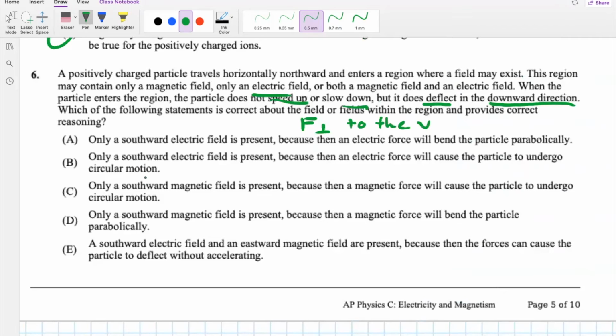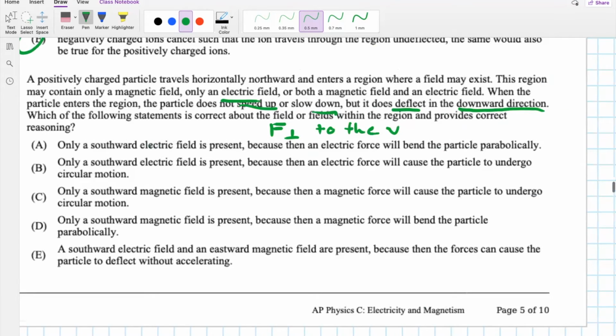Let's see here. Now looking at this, they're talking about southward. Only a southward electric field is present because an electric force will bend the particle parabolically. My only concern is that, again, it's going to accelerate, and so that's why it's wrong. Only a southward electric field is present because an electric force will cause the particle to undergo circular motion.